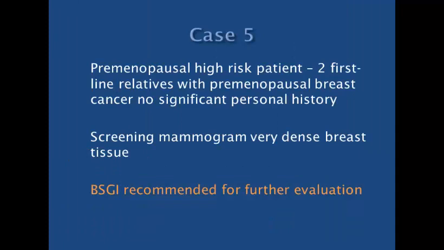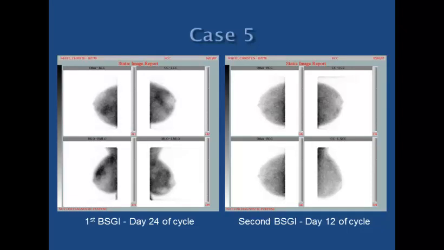Case 5, this is a premenopausal woman of high risk, 2 first-line relatives with premenopausal breast cancer, no significant personal history, no cancer history of her own. Screening mammogram is very dense, and the BSGI is recommended for further evaluation. So her first BSGI was done on day 24 of her cycle.